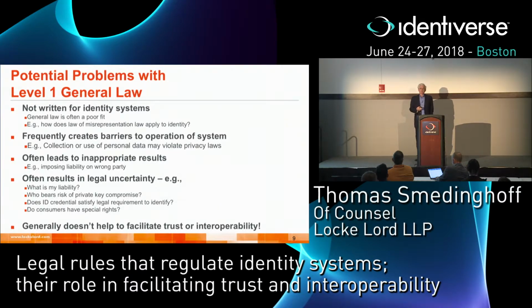It varies from state to state. There's probably 3 or 4 different approaches that the states take. But if you're running a system that crosses borders, you end up in a situation where you're not really sure what the rules are. So from a trust and an interoperability perspective, this general law doesn't particularly help, although in some limited cases it does.